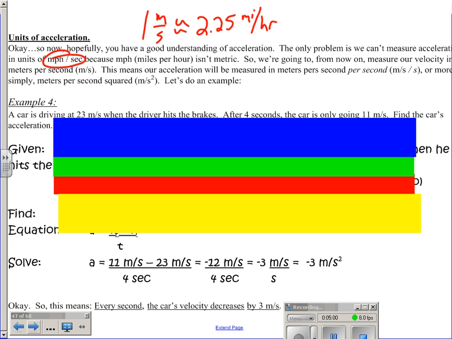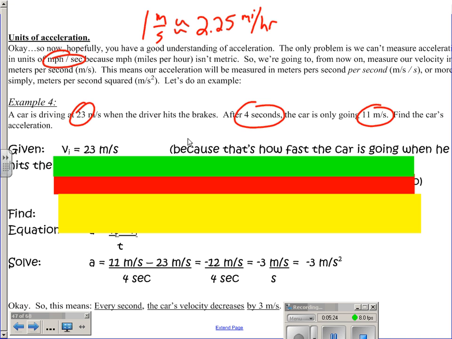All right, so here we go. A car is driving at 23 meters a second, which for your own reference is a little more than 46 miles an hour, when the driver hits the brakes. After 4 seconds, the car is only going 11 meters a second. So we're going to find the acceleration. Given, here's what we know.